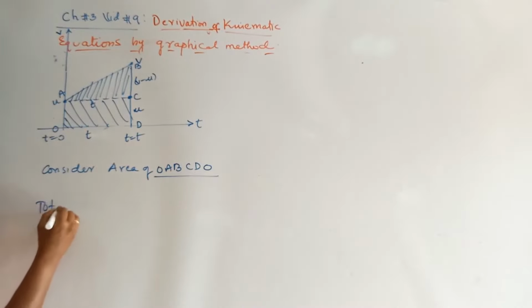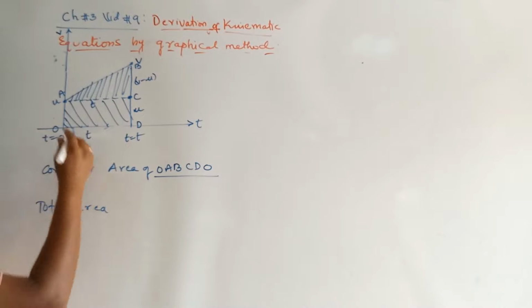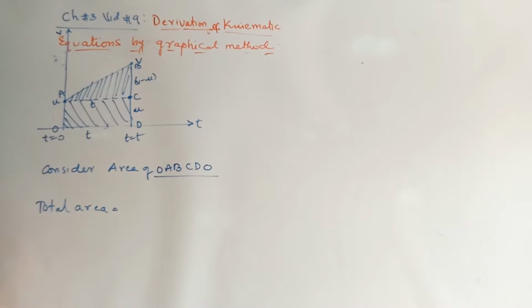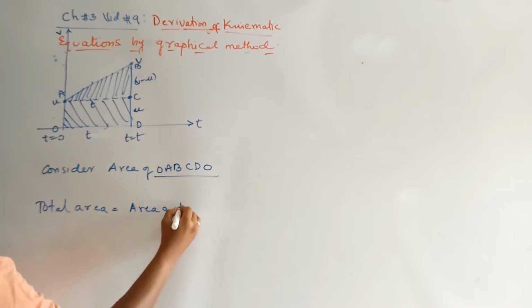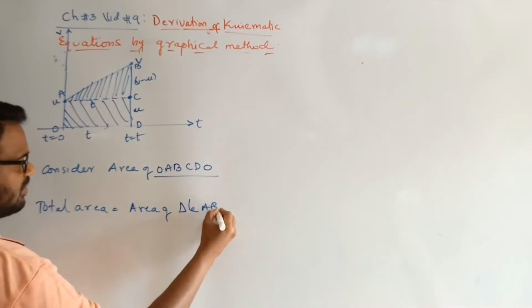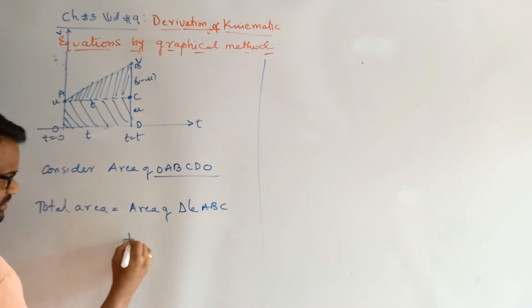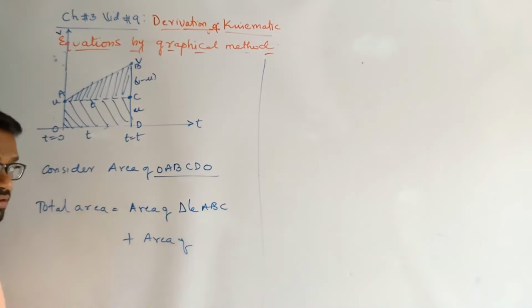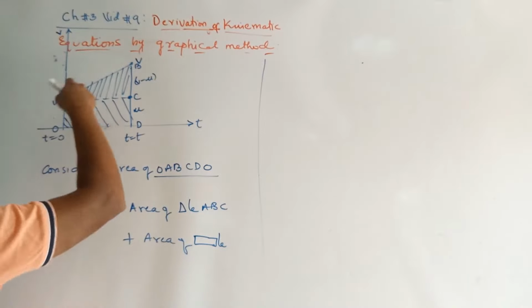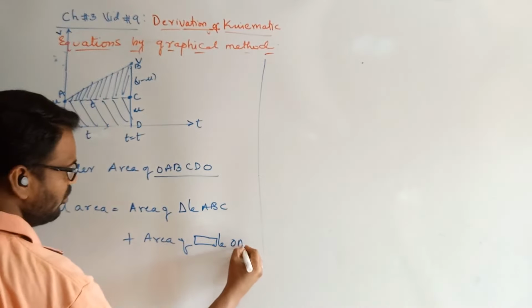The total area inside this is equal to, how can you find the total area? Since there are two regions, the area of this part plus the area of this part. That is the area of triangle ABC plus the area of rectangle OACD.